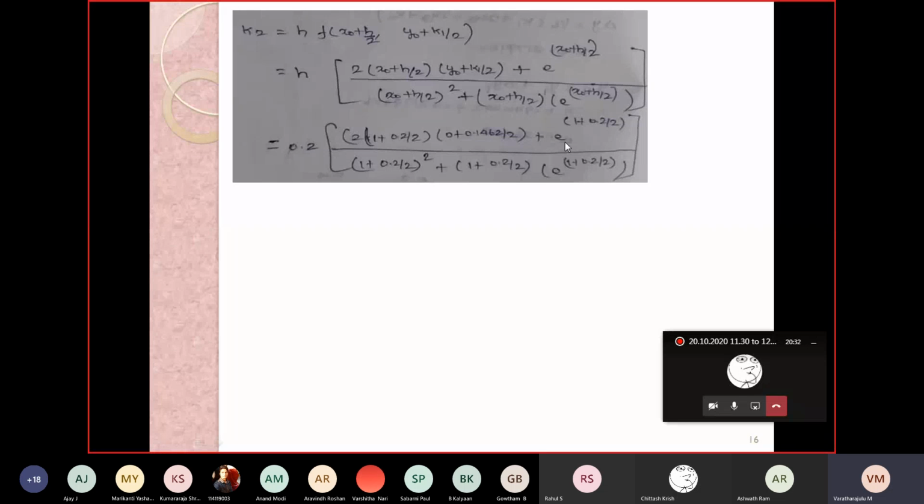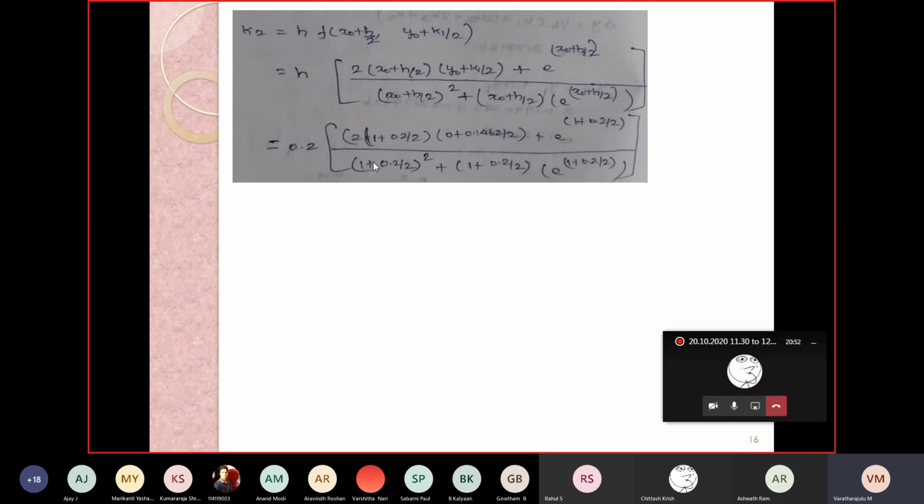Here e within bracket, no need, 1.1. 0.2 by 2 will get 0.1. 1 plus 0.1, it is 1.1. E power 1.1 becomes 3.004. Please make a note. And here 1.1 power 2, 1.1 squared, you will get 1.21.